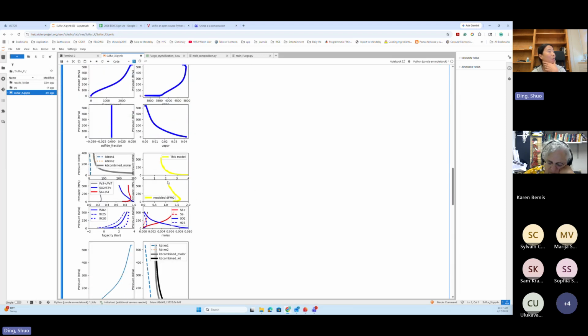Before, when we turned it off, this would be a straight line because we fixed the FO2. But now this figure is showing the model delta FMQ. We can see in this scenario that FMQ first increases with degassing, but in the end it kind of winds back. This figure also gives the results of how the sulfur speciation changes, and how the SO2 over total sulfur ratio changes.